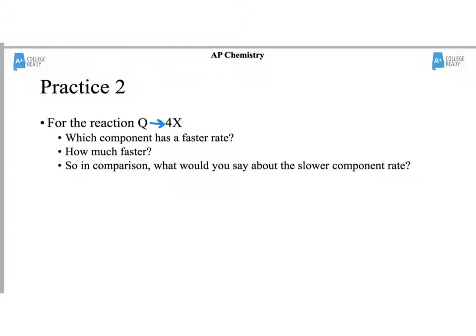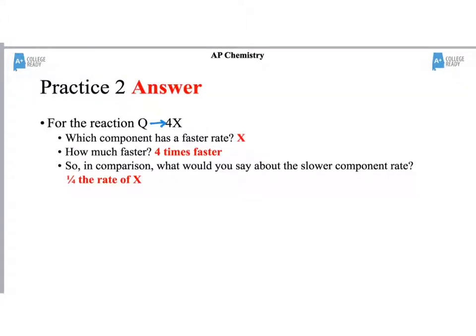Well, then Q is 1/4 the ratio of x. Q would be 1/4 whatever the rate of x is. Okay? So it's just about their stoichiometric ratios. So there's your answers.